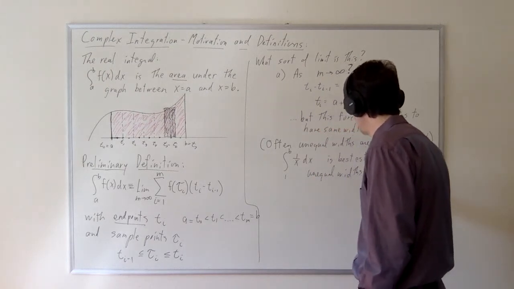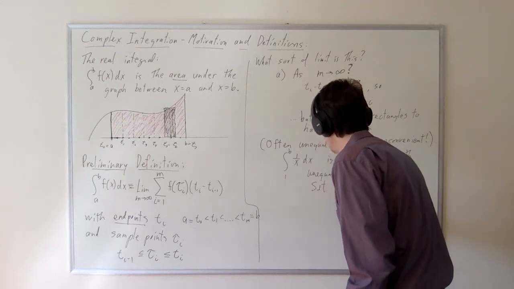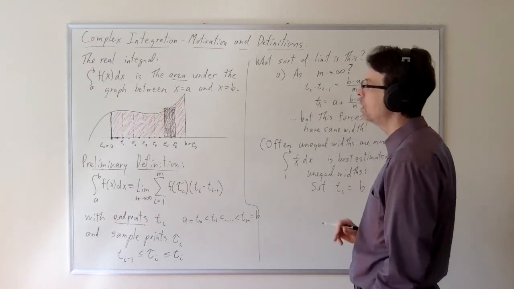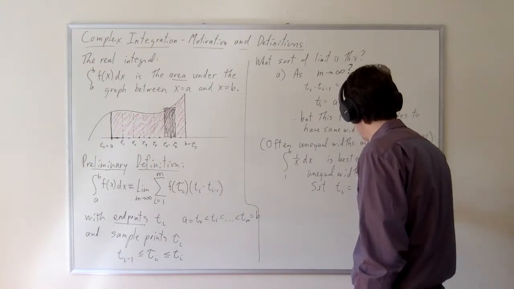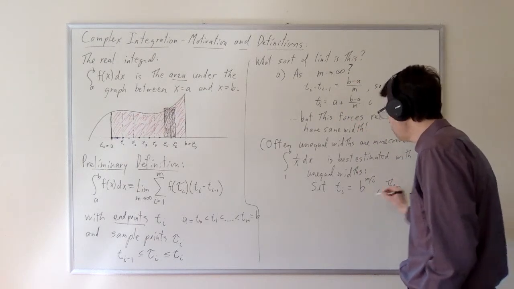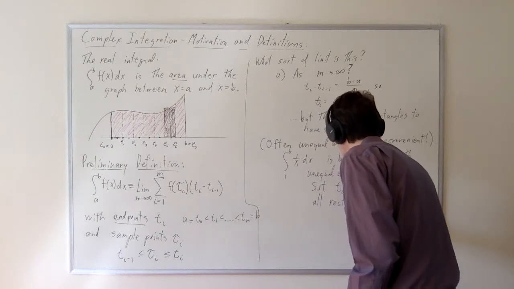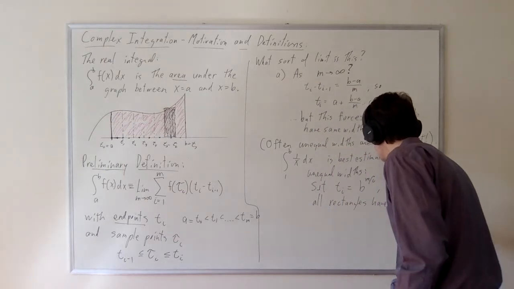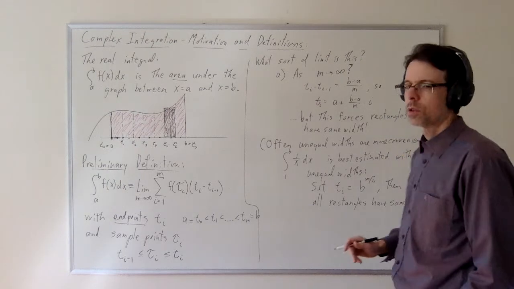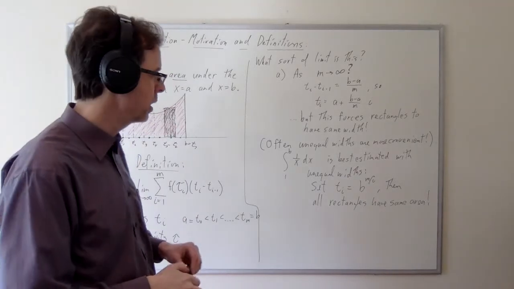And a little exercise for you to check on your own time is if we set t_i to be equal to b to the power i over m, then all the rectangles have the same area. So that's a very strategic choice if you're trying to calculate this integral.